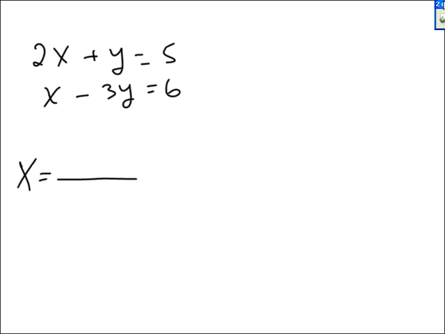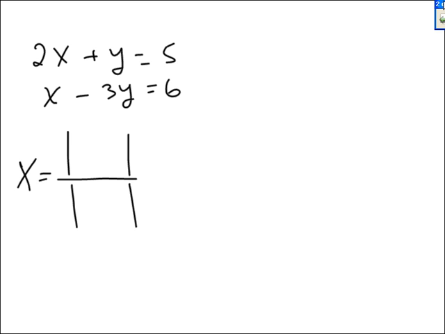If you have 2x plus y is 5, and x minus 3y is 6, well then x is going to equal the division of two determinants.